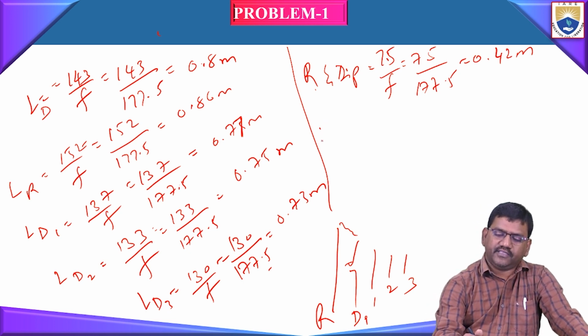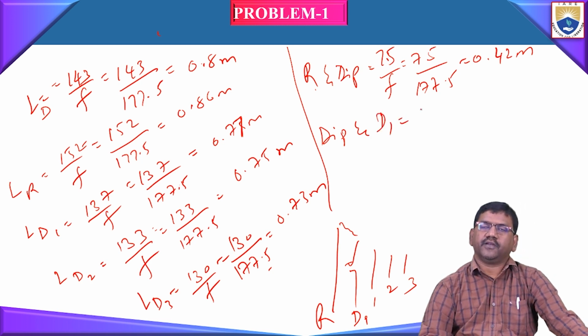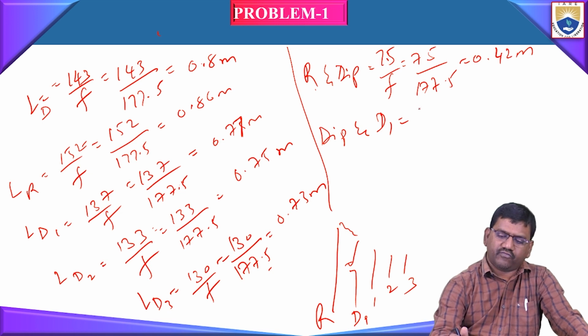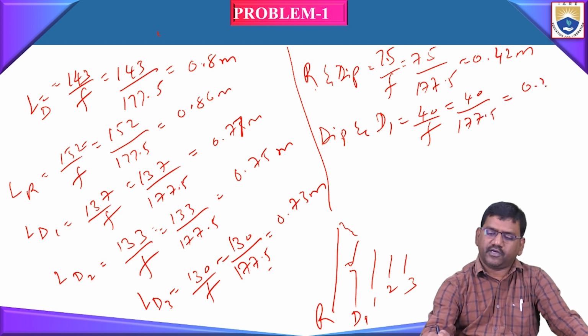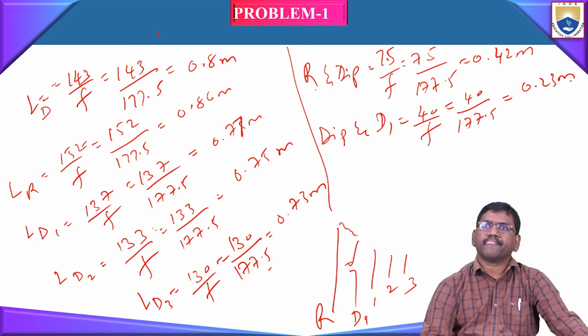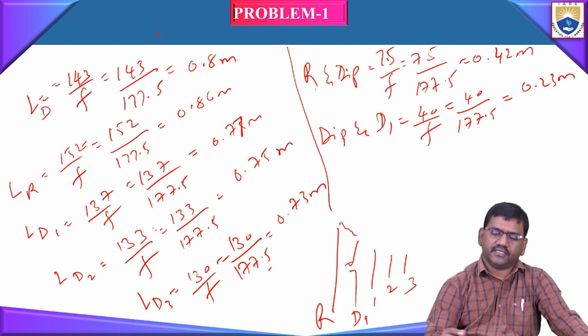Now the spacing between the dipole antenna and the director 1 is given as 40 by f megahertz. So 40 by 177.5, you will get 0.23 meters.